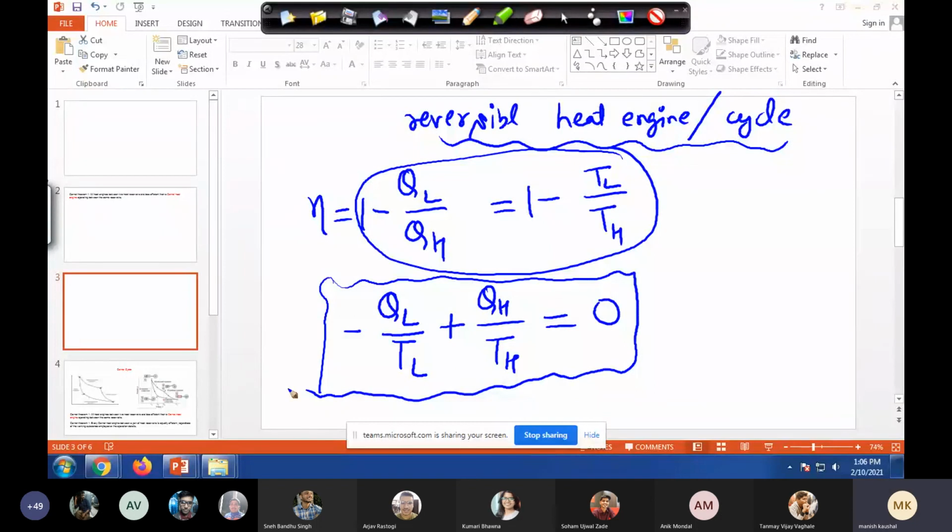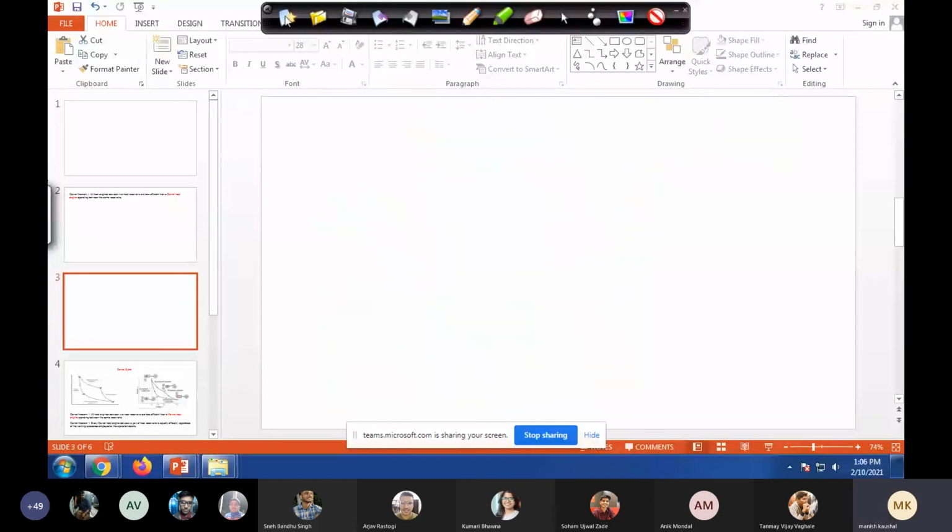Now what will happen if we take an irreversible heat engine? I think this will take time. We will meet tomorrow to see what happens in that case.